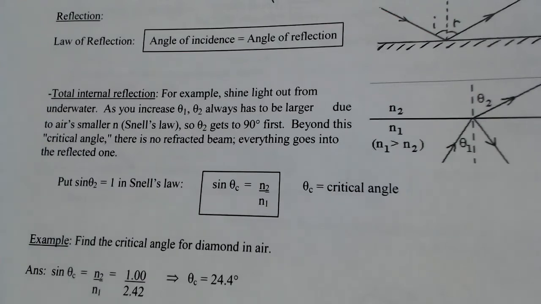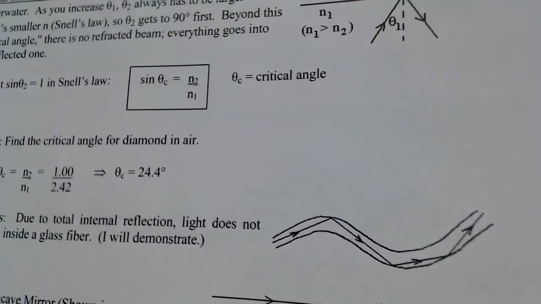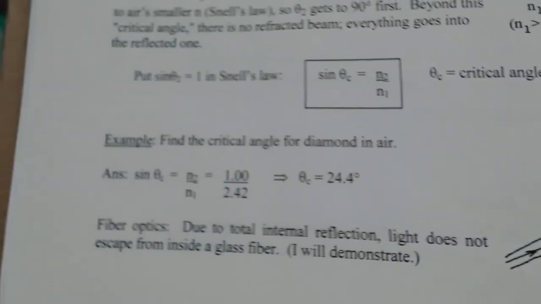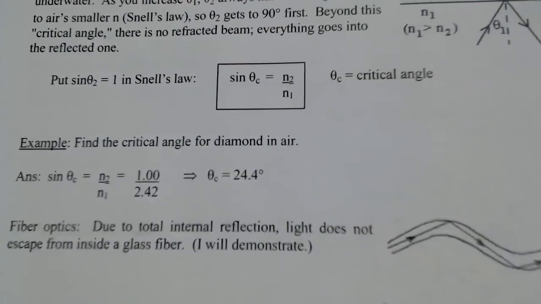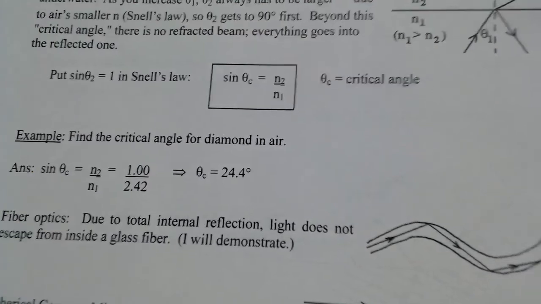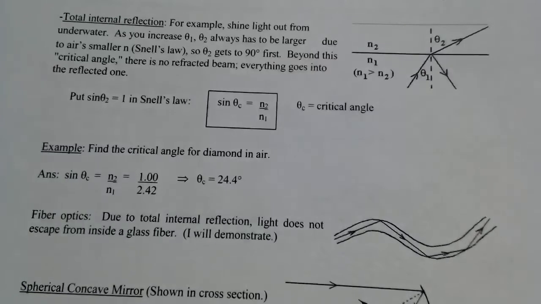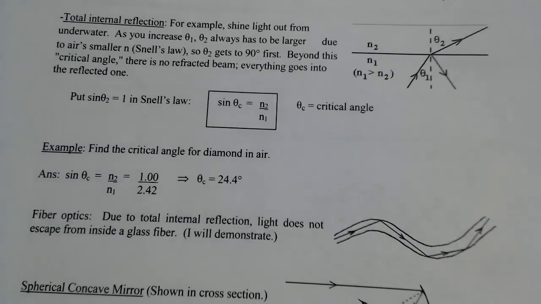So for one short example, I just printed it up there because there's really nothing to it. Diamond, if you compare it to the other things in the little table on your reference sheet, has a particularly large refractive index, which means it has a particularly small critical angle.